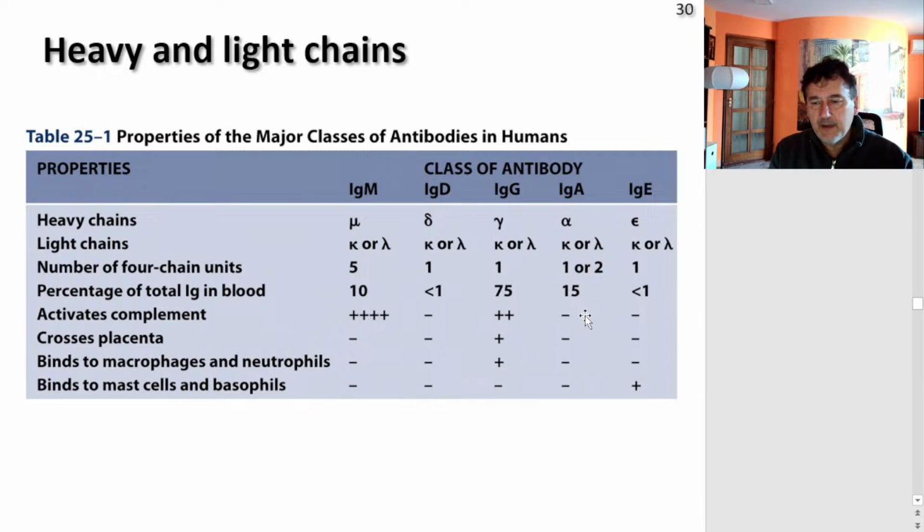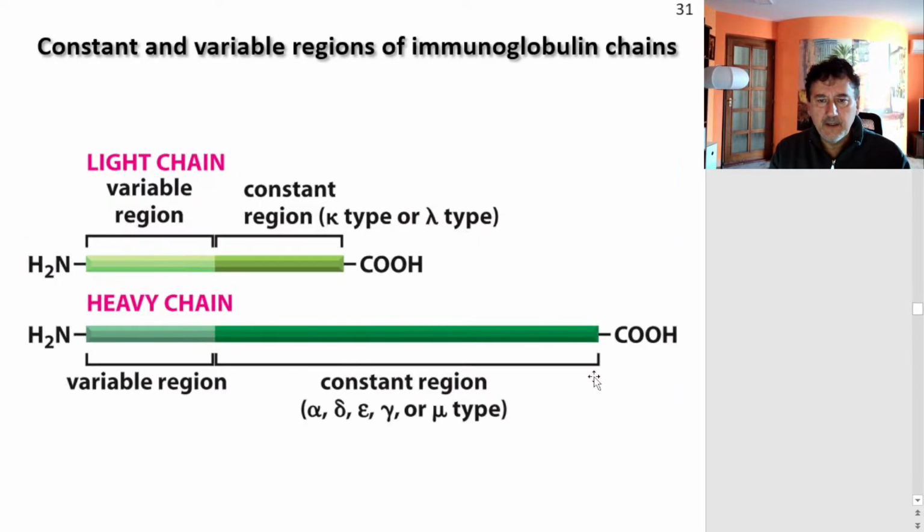Here you have a list which shows the differences between the 5 classes of the antibodies. We don't go into details at this moment. What can we see here? We can see again that both the light and the heavy chains have a variable and a constant region, and the constant region is longer in the heavy chains.